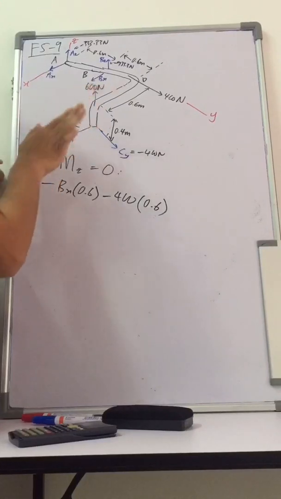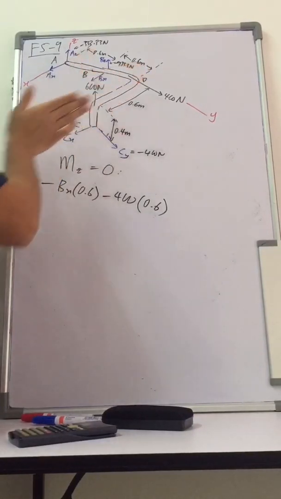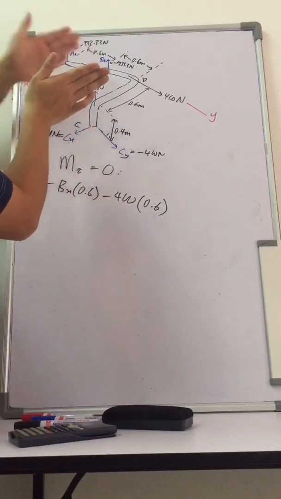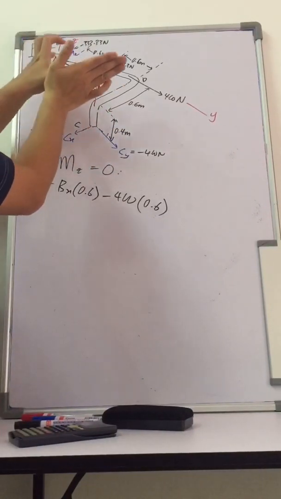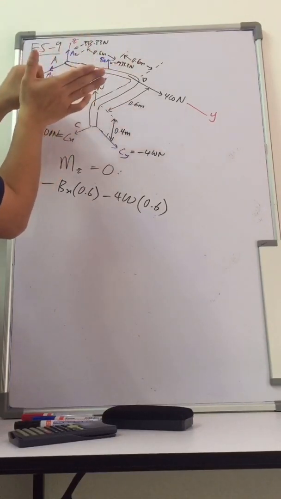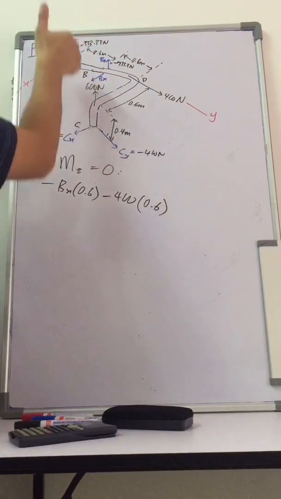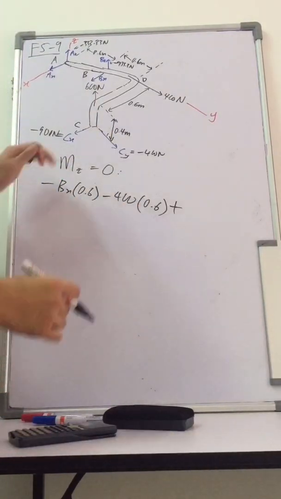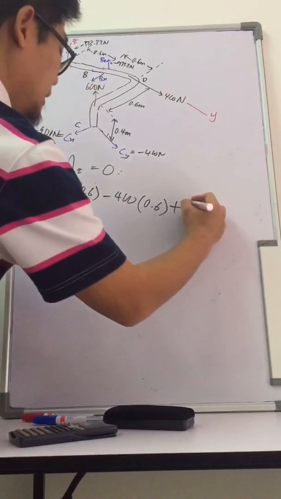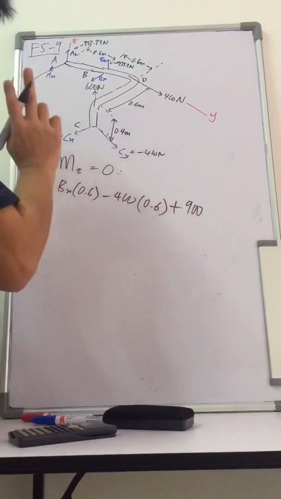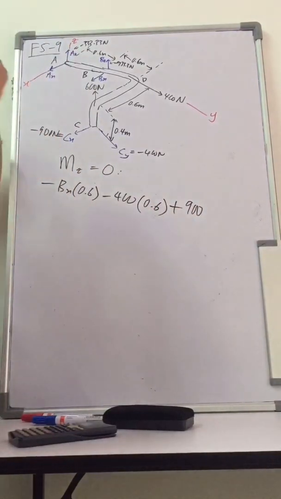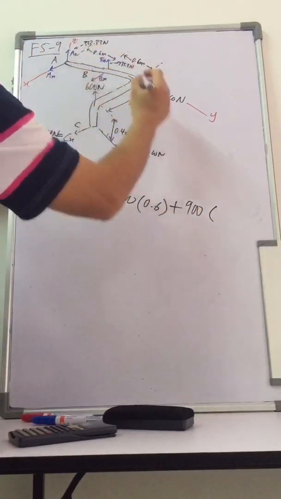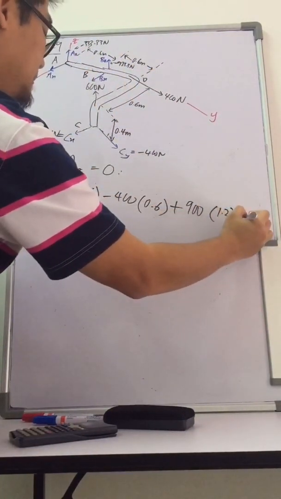Minus means that it goes the other way around. Palm facing this direction, I mean, you take this arm, 0.6 plus 0.6, 1.2. You curl that one, so you have positive moment, right? So we have positive moment. The CX is 900 Newton. Don't get confused with the minus sign here. And then the R again is 0.6 plus 0.6, which is 1.2 meter.